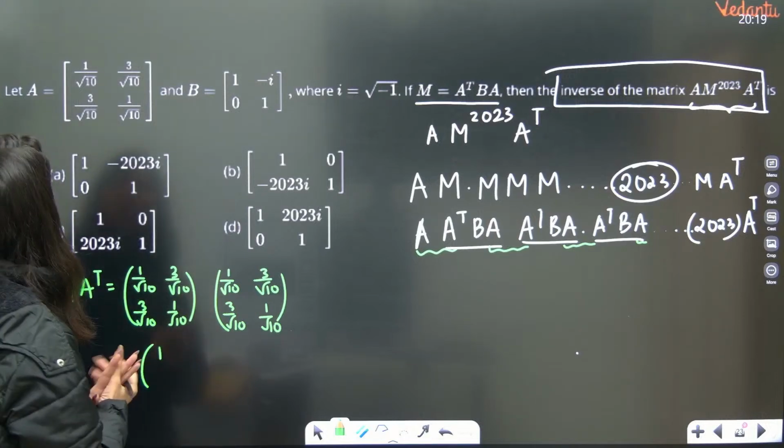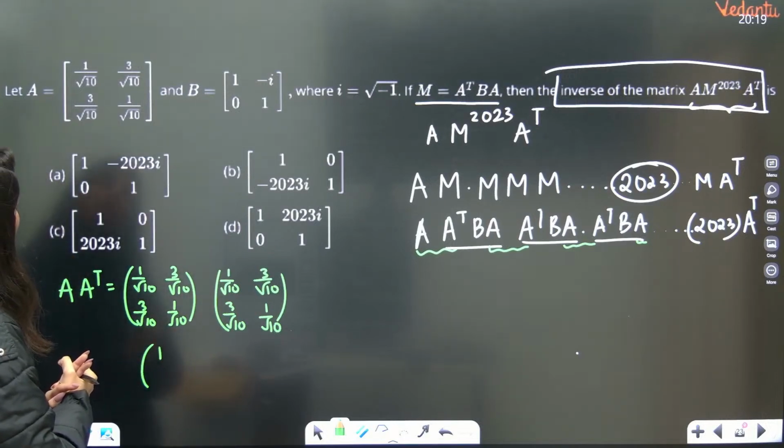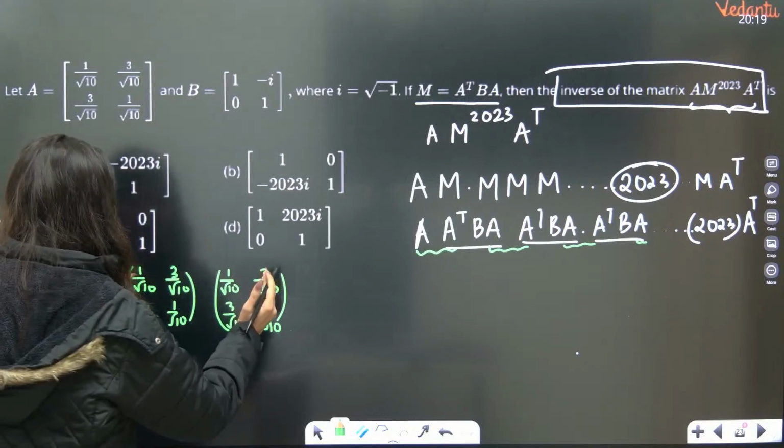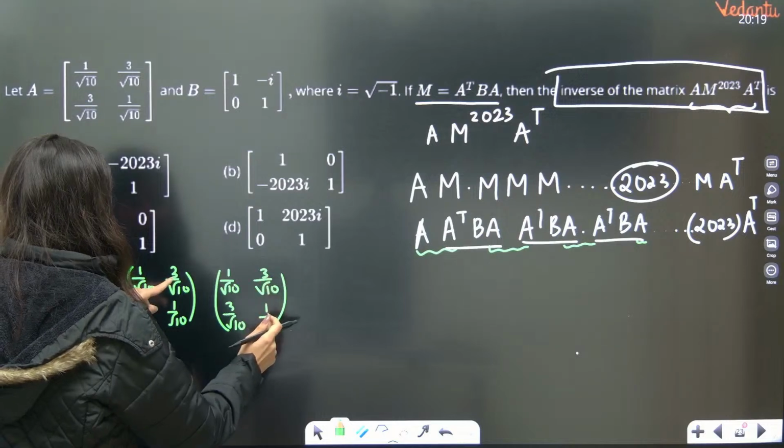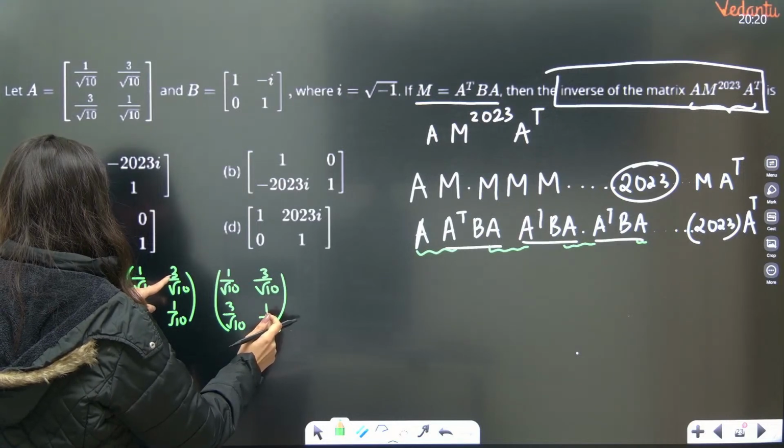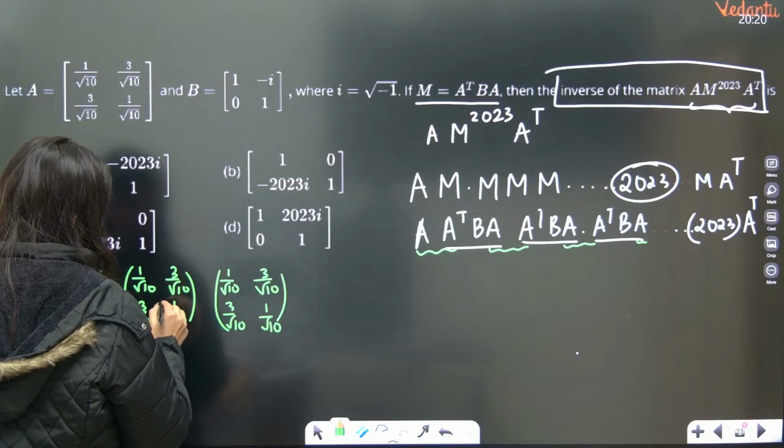If you multiply, there should be a negative sign, but it is not visible. This multiply this, so 1, 3 and this negative. I think this should be negative.